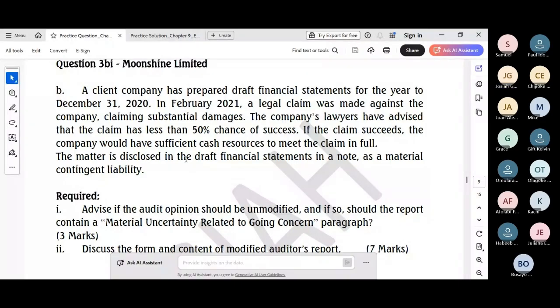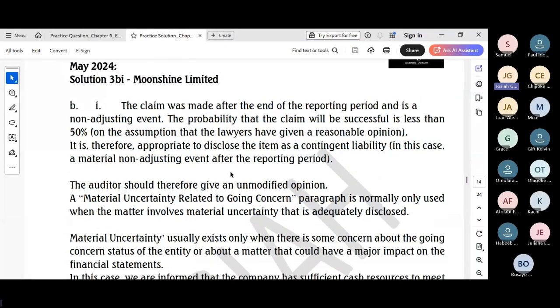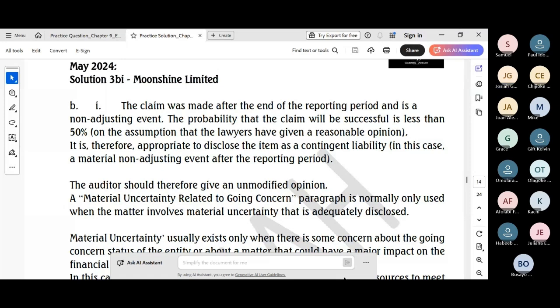And let's look at how to write such a question if you choose to do it. So in writing, what do you write? Let's speak first to the opinion. Number one, state clearly the opinion should be unmodified. And number two, justification for that unmodified opinion.